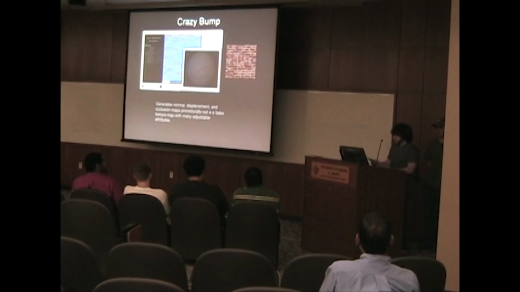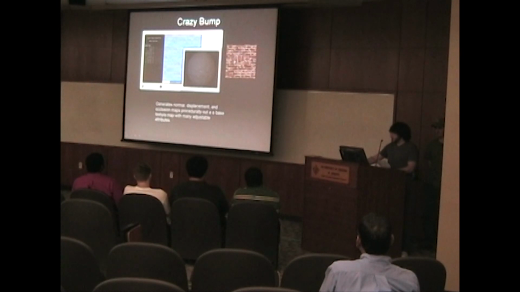And the tool that I use to generate normal maps for the bump maps is called Crazy Bump. It's really special in that you just give it a flat color map, like this brick texture right here. That's just a photo that I had.